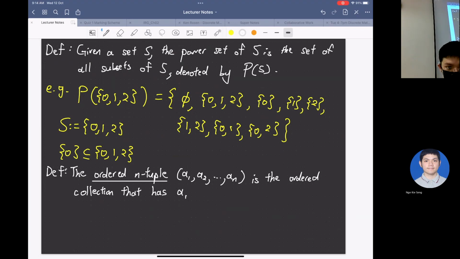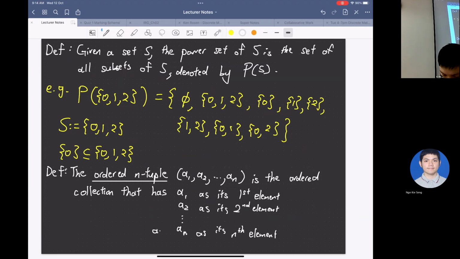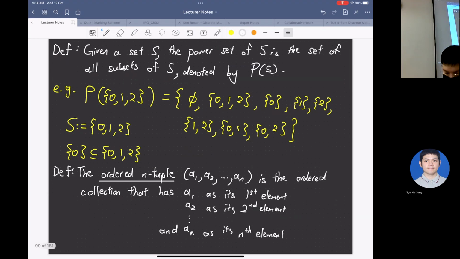So you've got a1, a2, up to an, as the first element, second element, and so on.